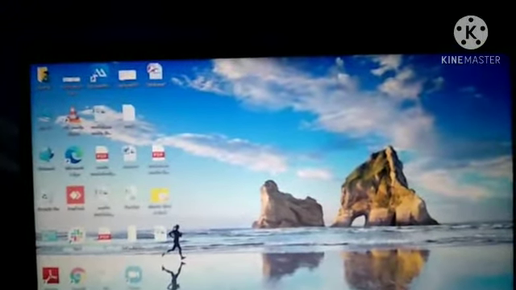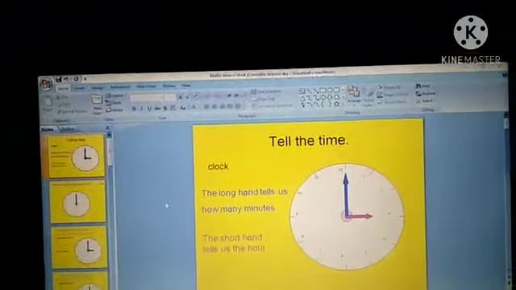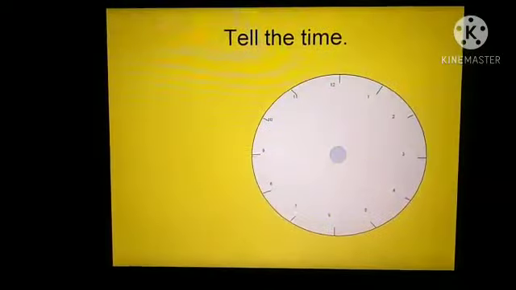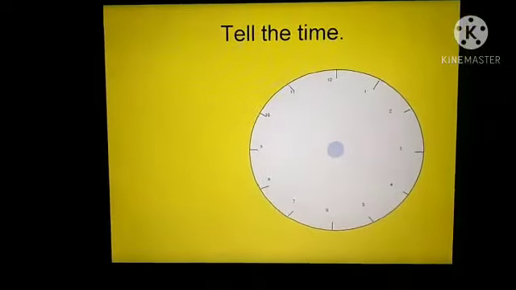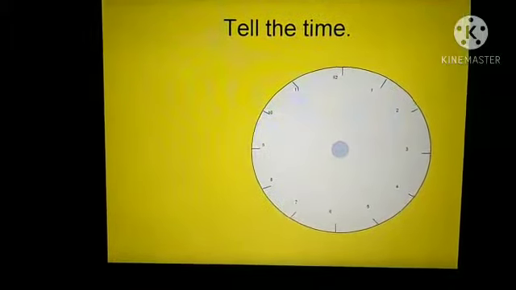Okay, now students, I am going to show you the PPT of time. Tell the time. Look, what is this? This is an analog clock. But I think something is missing. What is missing?